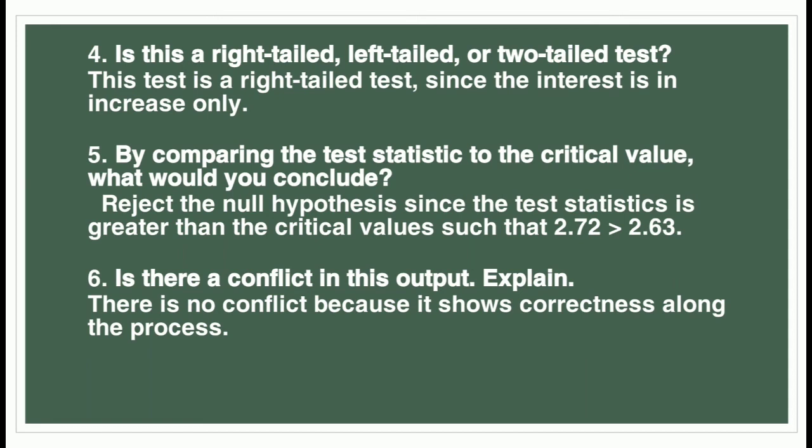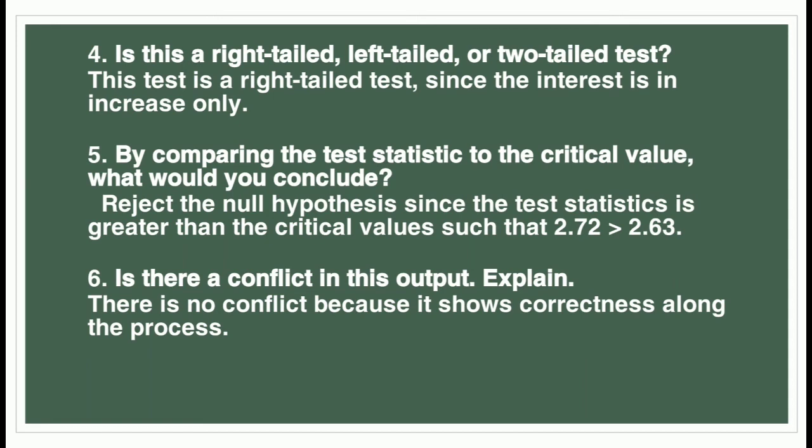The fifth question is, by comparing the test statistic to the critical value, what would you conclude? Reject the null hypothesis, since the test statistic is greater than the critical value, such that 2.72 is greater than 2.63.